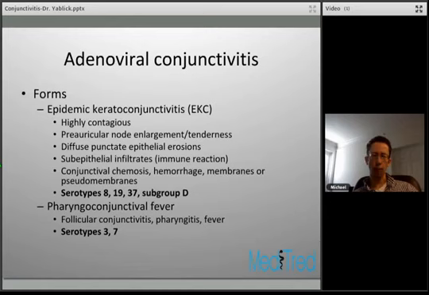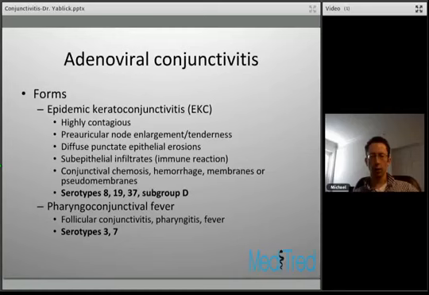Later on in the course of the disease, you can develop subepithelial infiltrates. This is not an infectious component of the disease, but thought to be more of an immune reaction to the viral particles. And then you can have variable symptoms such as conjunctival chemosis, hemorrhage, which are typically smaller punctate hemorrhages.